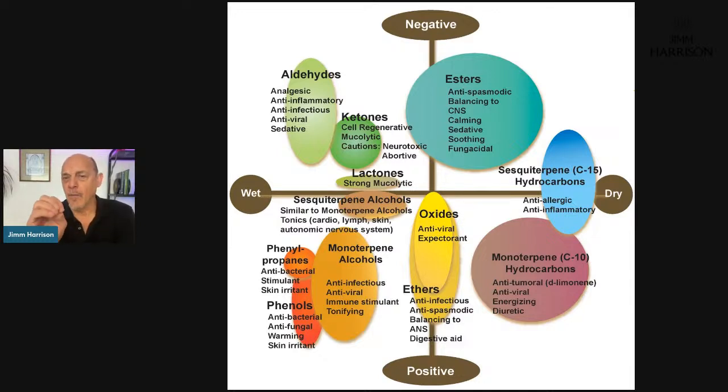So even though methyl salicylate is an ester, it's an ester with a phenylpropanoid compound, so it doesn't have the properties. I didn't really talk about the properties, but all of this is the properties that, from Kurt Schnaubelt and Pierre Franchomme, have been listed as properties for that group. The methyl salicylate is an analgesic, and it's not a very calming compound.